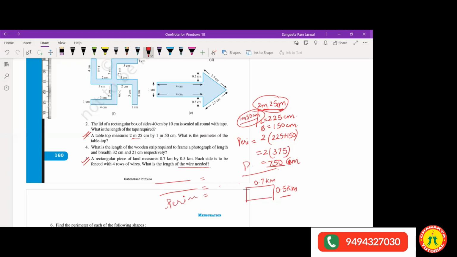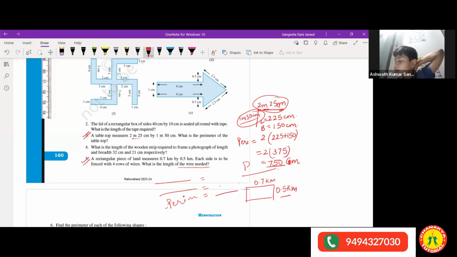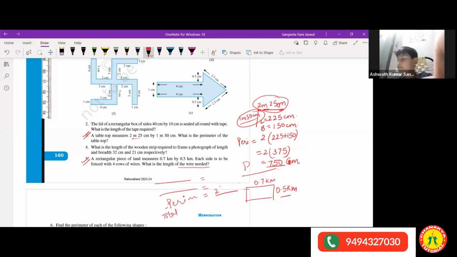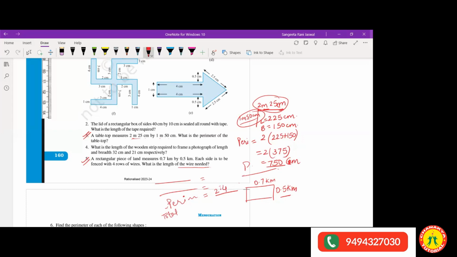It's only when units are different that you need to convert. Otherwise, when the units are the same, there is no need. Then you give the perimeter value. The perimeter is 2 kilometer 400 meters, which is 2.4 kilometers.